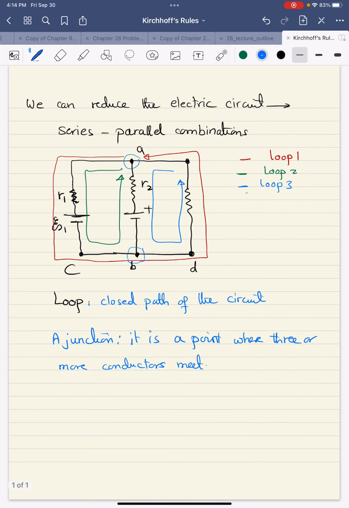Now, Kirchhoff's rules. The first one has to do with junctions.